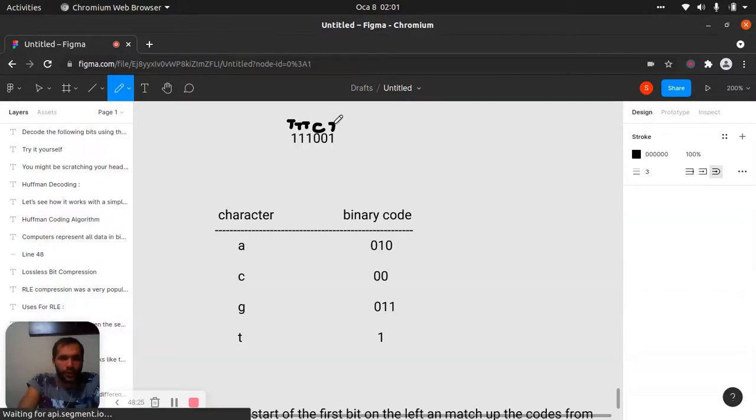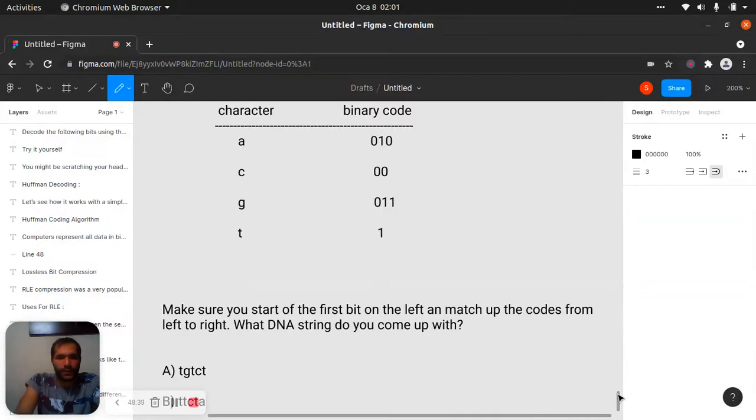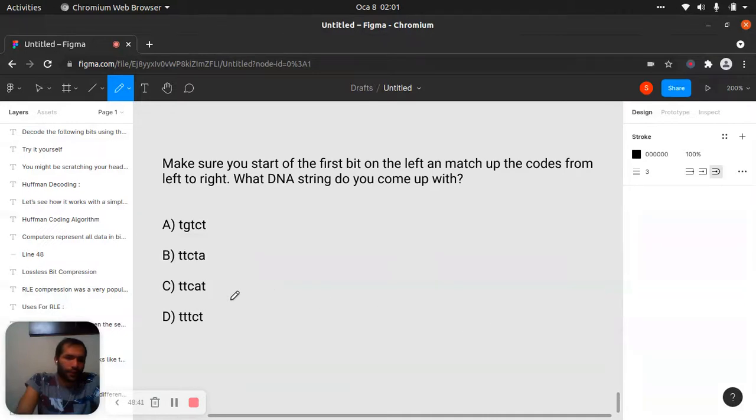So we decoded it right now. Let's look which one is the true answer. Thymine, cytosine, thymine. So this one is wrong, this one wrong, and this one is true.